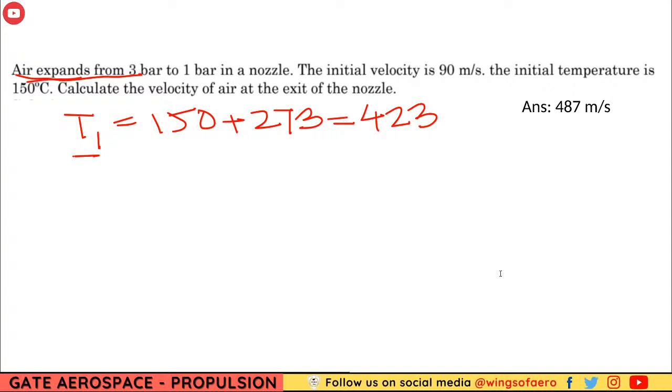So, you don't know the V1 and other parameters. Just give me a second.